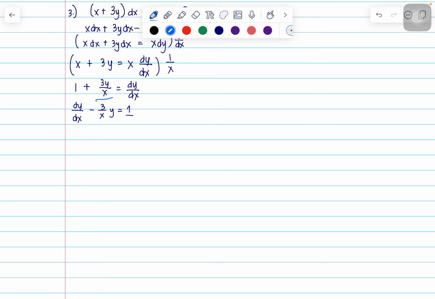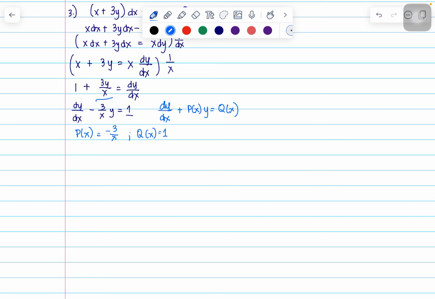We now have the equation dy over dx plus p of x times y is equal to q of x. So your p of x is what? Your p of x is negative 3 over x. And your q of x is basically 1.